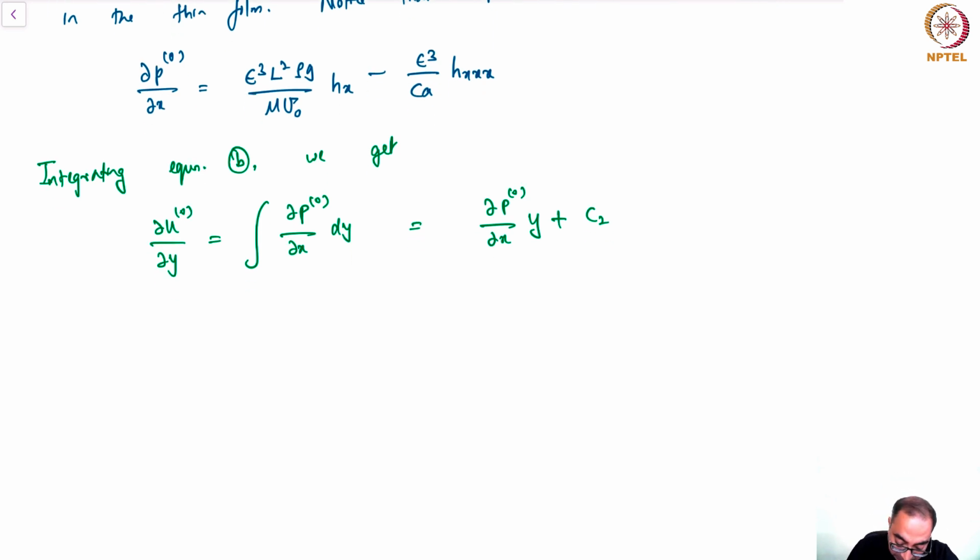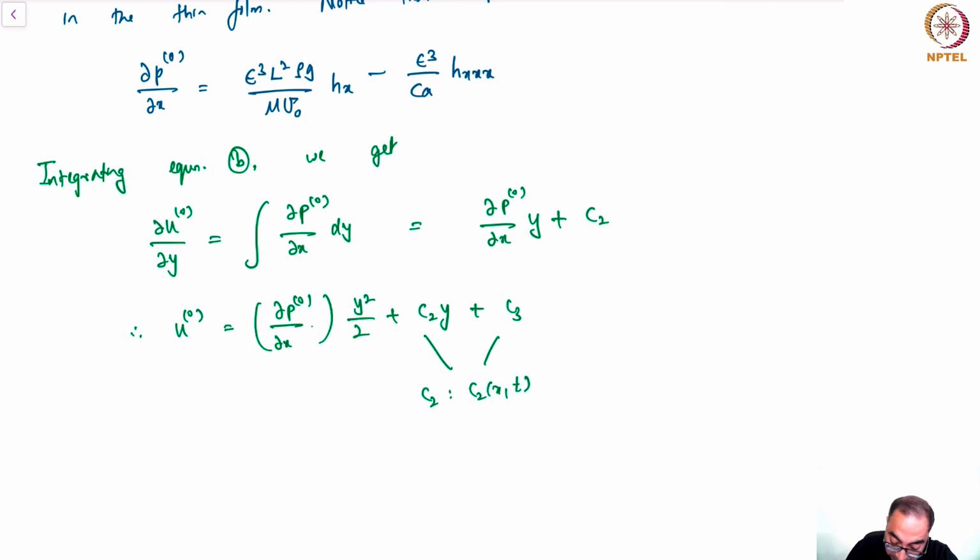And if I integrate it further, u0 becomes del p0 by del x times y square by 2 plus C2 y plus C3. This C2 is C2 of x and t, C3 is C3 of x and t. In general, these are functions of x and t because I'm doing an integration in y.